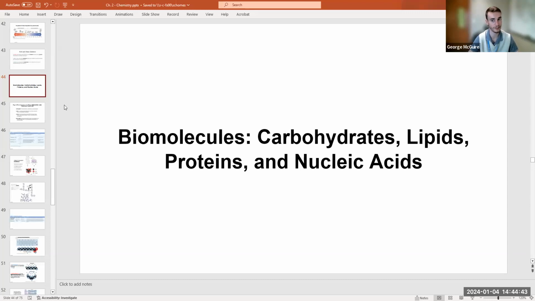These are our carbohydrates, aka sugars, lipids, aka fats, proteins, and then nucleic acids. All of these are organic molecules, meaning they have a carbon backbone. And then it is just a difference in what other elements and functional groups bond with that carbon backbone that end up giving them their unique characteristics.